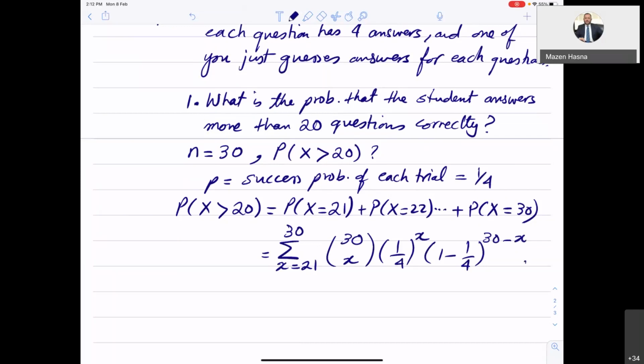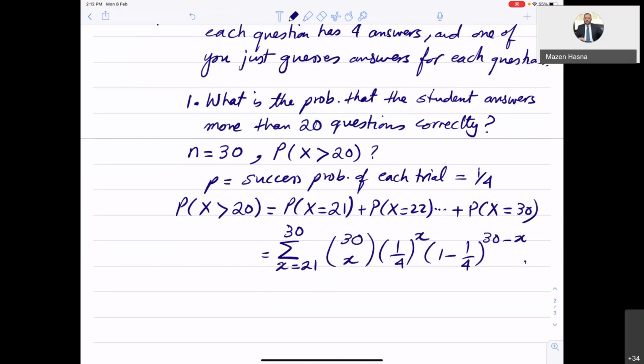And if you calculate this carefully, you'll find that this is a very low probability. Very low probability that if you had to guess all the questions, the probability that you'll get more than 20 questions correctly is very low.